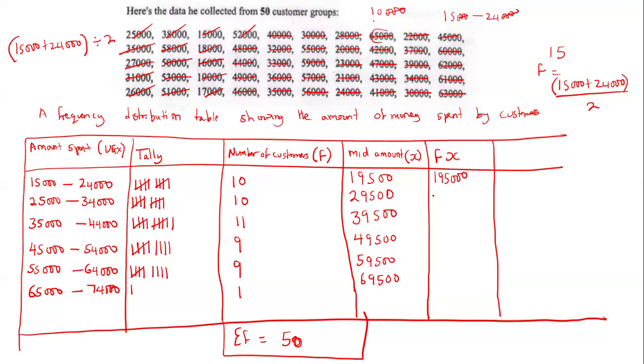Then 29,500 times 10 gives us 295,000. 39,500 times 11 gives us 434,500.